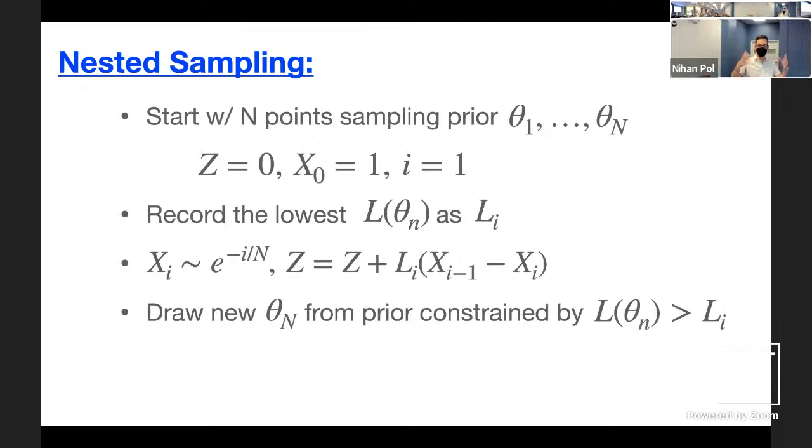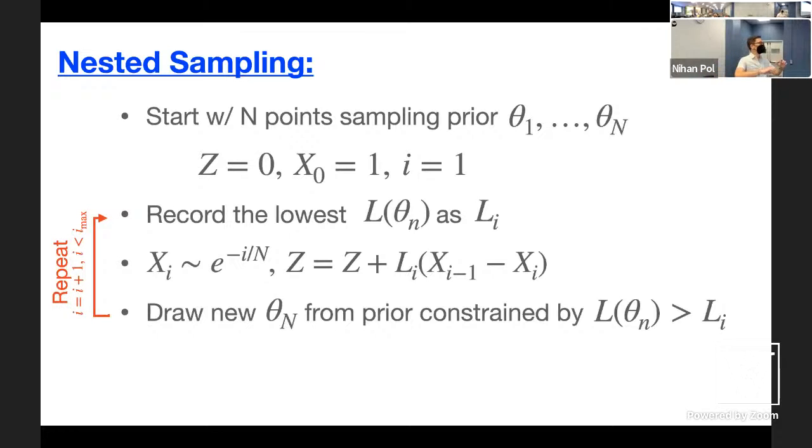And again, this sampling is something you can do lots of different ways. A lot of times the algorithm will just use a Markov chain and sample for a while until it gets a higher value of likelihood. And once you get a higher value of likelihood, you stop and you sort all of your samples in the ensemble again by likelihood, and you find the one that has the lowest likelihood, and rinse and repeat.